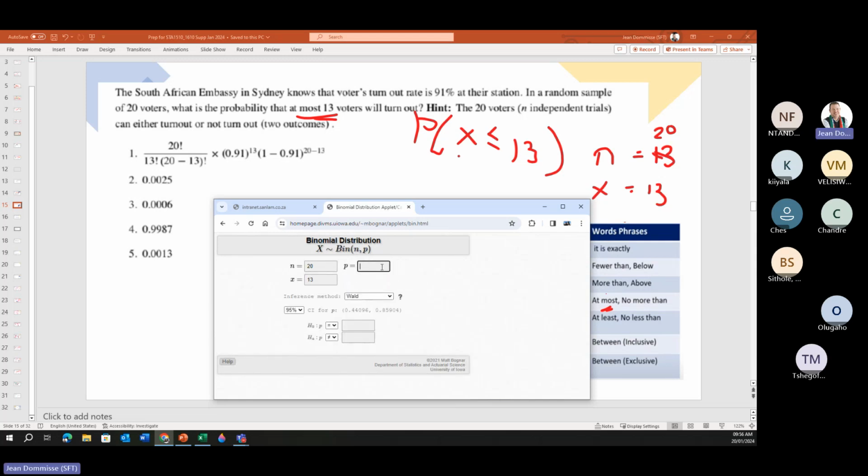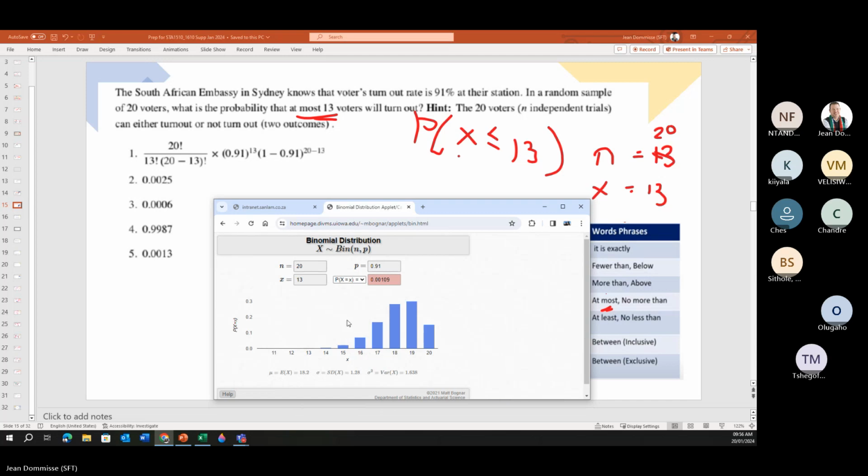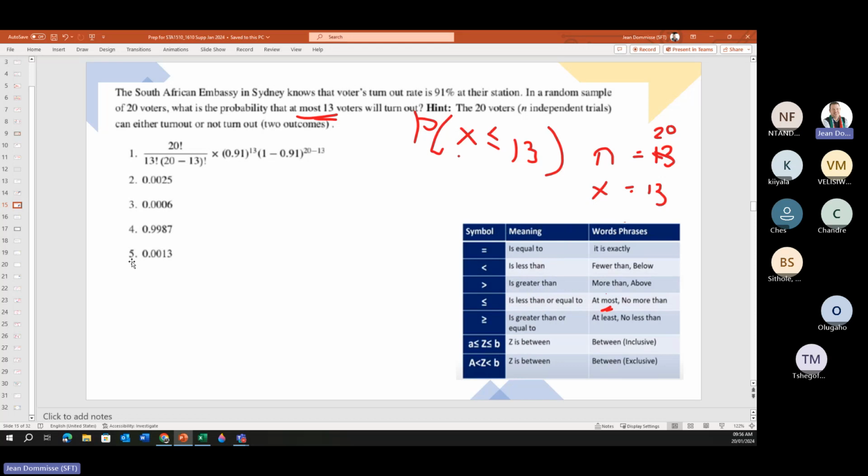The probability was 0.91. We said smaller or equal to, so 0.00129. If I round that off to 4 decimals, it will be option 5.